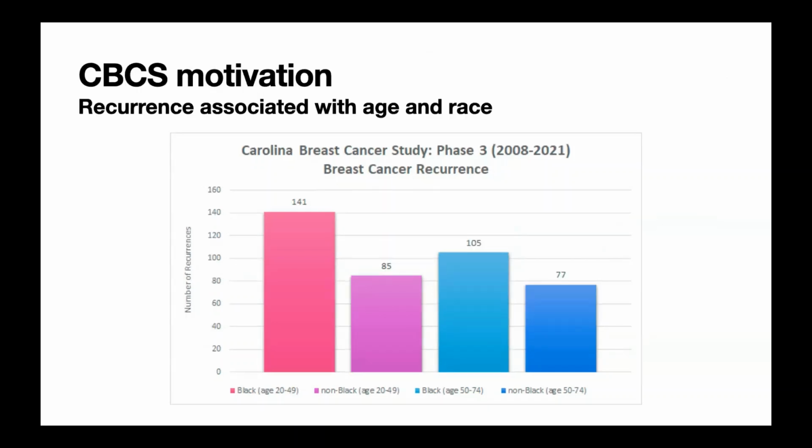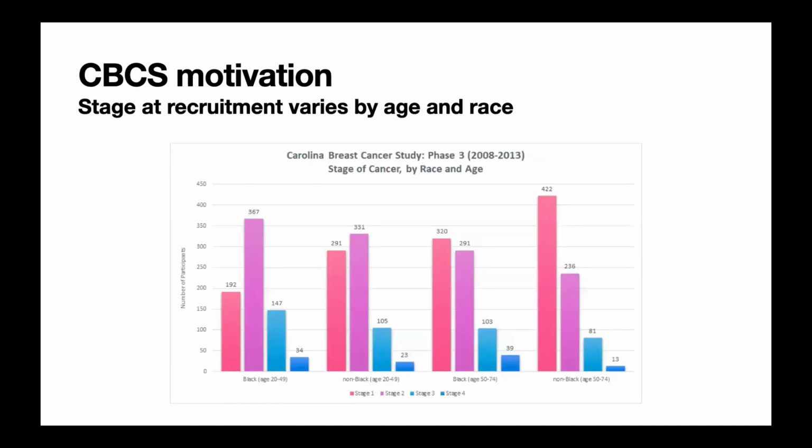And the reason for that is these are the cases where we see more aggressive breast cancer. So this is recurrence in the third phase, and you can see the younger category as well as Black compared to non-Black women have higher rates of recurrence. These are more aggressive tumors, and we want to understand why.